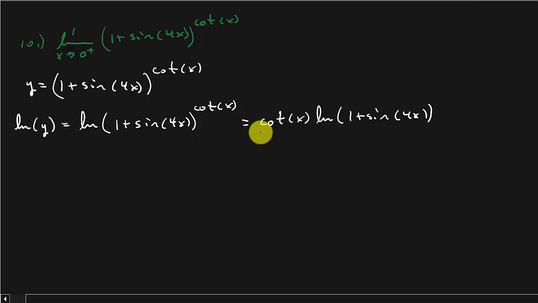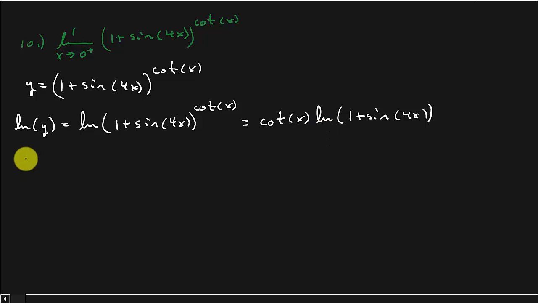So remember, cotangent x as x went to 0 from the right, that was infinity, and this was 1, right? But the natural log of 1 is 0. So I got 0 times infinity. And we know from previous experience that we've had in this video that doesn't mean it's 0.